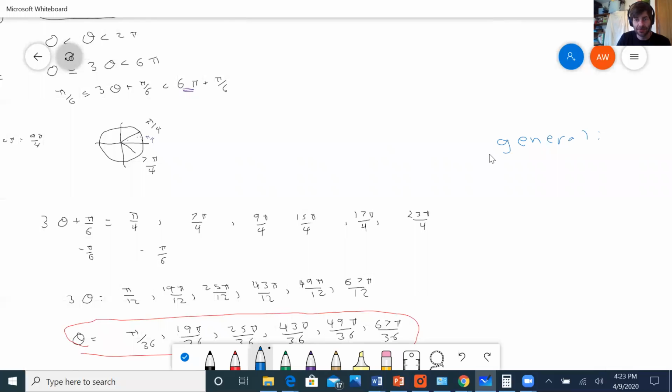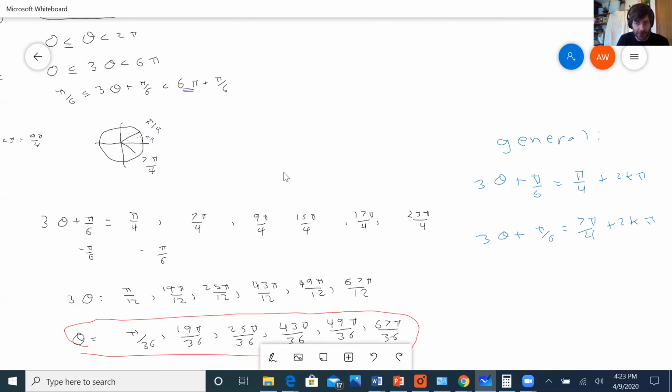For general, I'm just going to put 3 theta plus pi over 6 equals pi over 4 plus 2k pi, or 3 theta plus pi over 6 equals 7 pi over 4 plus 2k pi.